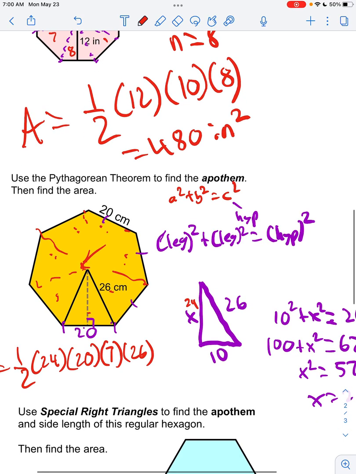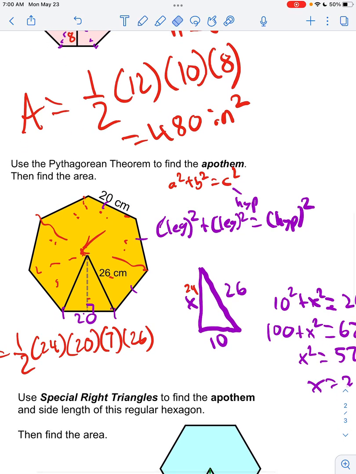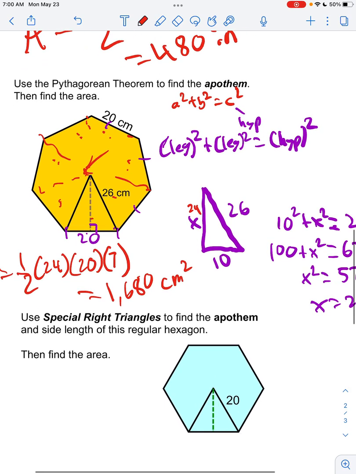So I don't need the 26. That's my fault, that's where I goofed up. Now we can do 1/2 times 24 is 12. 12 times 20 times 7 gives me 1,680 centimeters squared.